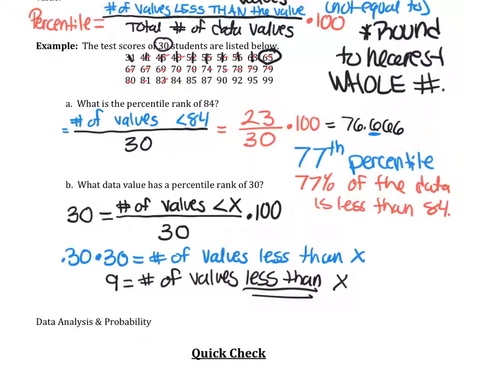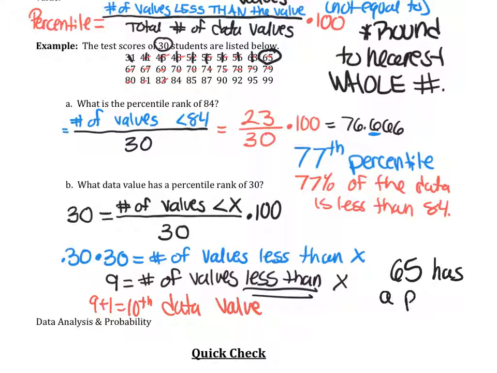So you can either just count and look at it that way, or if you want to think about it as 9 plus 1, it'll be the 10th data value. But again, you have to get the actual value back from your data. 9 is not a data value. So it'd be 65 has a percentile rank of 30.